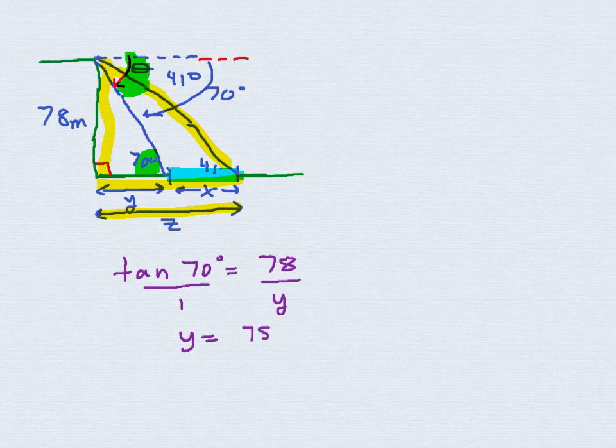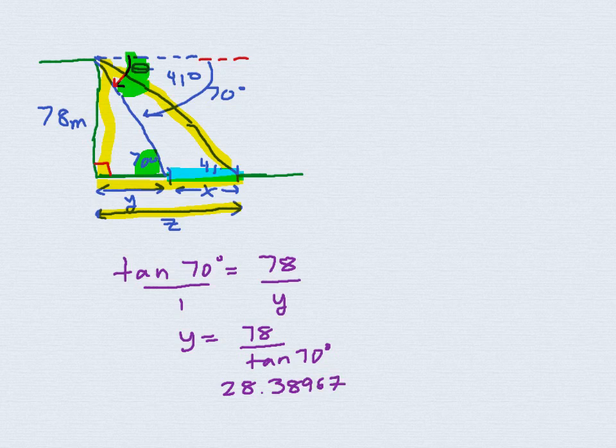So whatever 78 divided by the tan of 70 is, will be our value for y. So 78 divided by the tan of 70 works out to be 28, use your calculator, 0.38967. You should never round in a beginning calculation, only at the very last step.